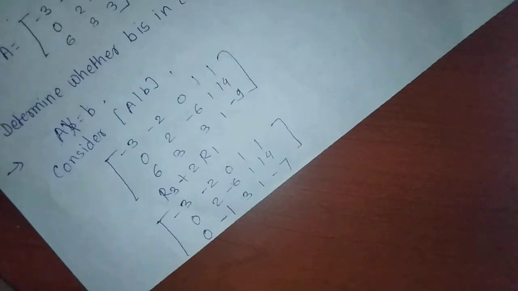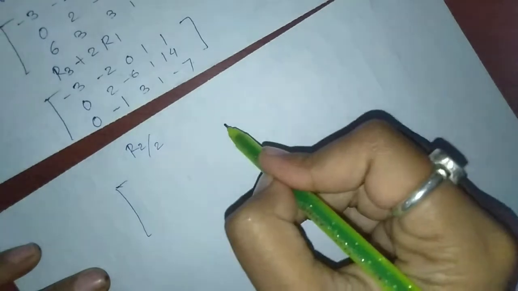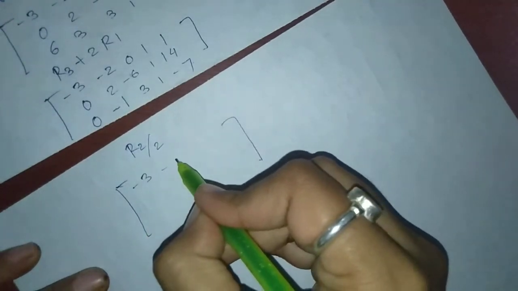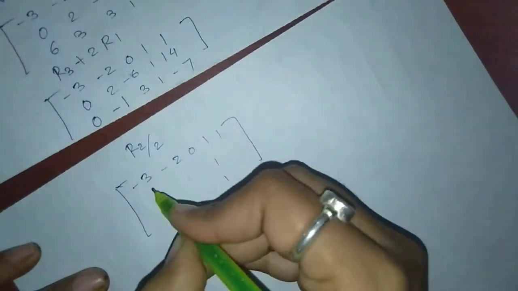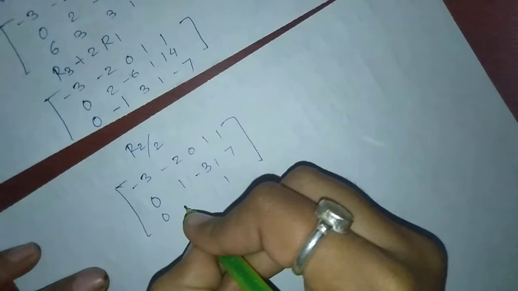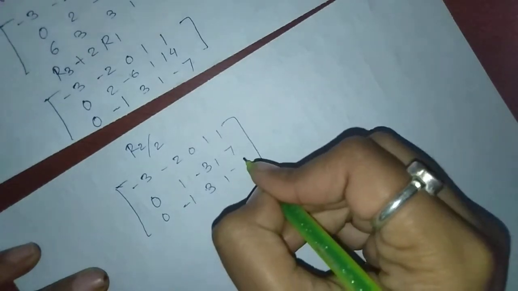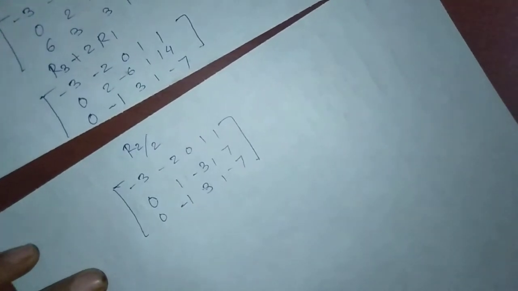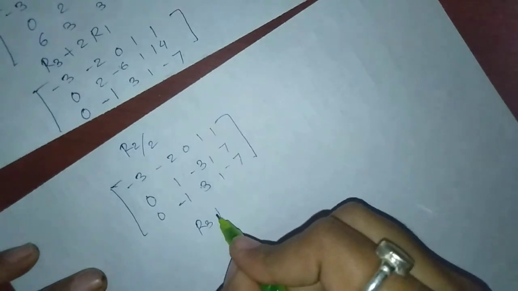Next row operation is R2 upon 2, which takes place in second row. First row as it is, second row becomes 0, 1, -3, 7 and last row as it is 0, -1, 3, -7. Next row operation is R3 plus R2.